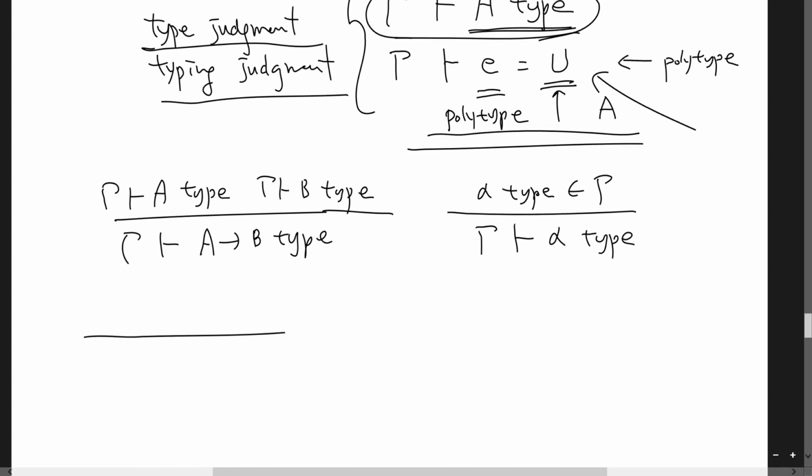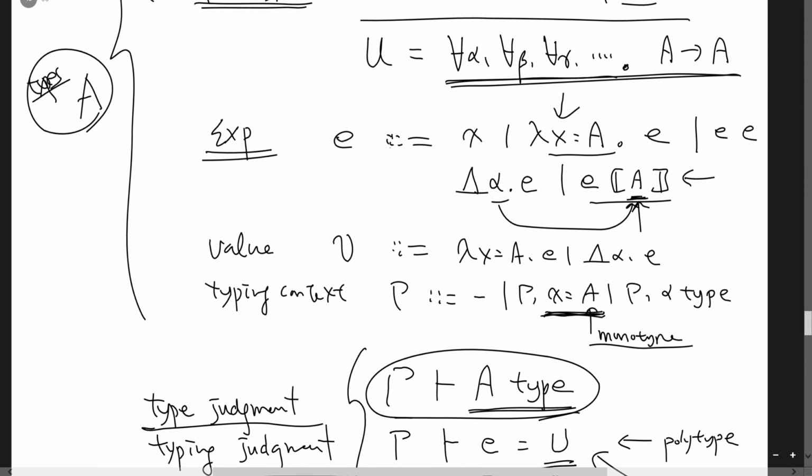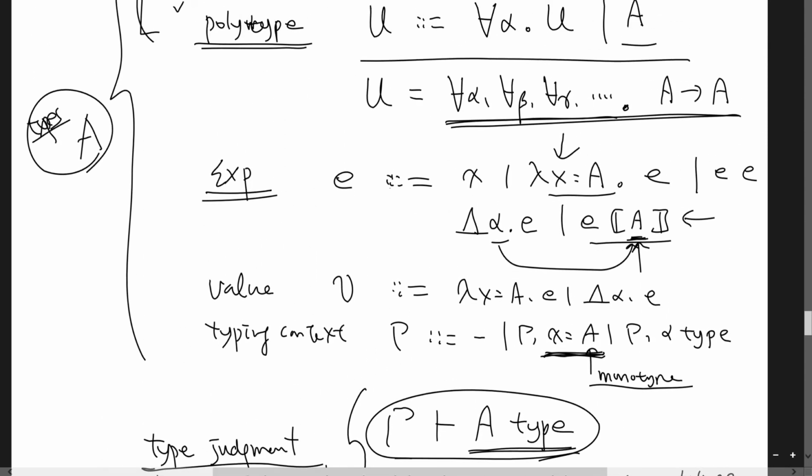First, what is the type of this variable x? It must have a monomorphic type because, let's go back to the important restriction here. This lambda abstraction allows only monotype, so variables can have only monotype.